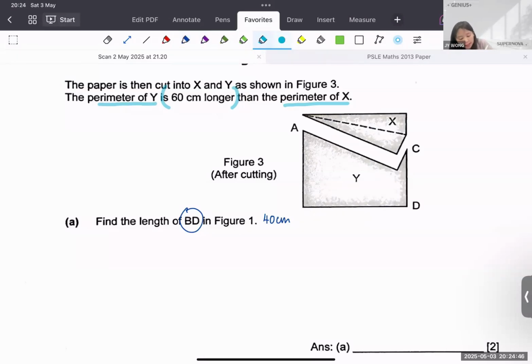What are the common sides? This is 50. Just now we said this part is also 50, because it was folded. This is 50. I use the same color for 50. This is 50. This is 50. Next, this part here, we found out it was 1 unit.